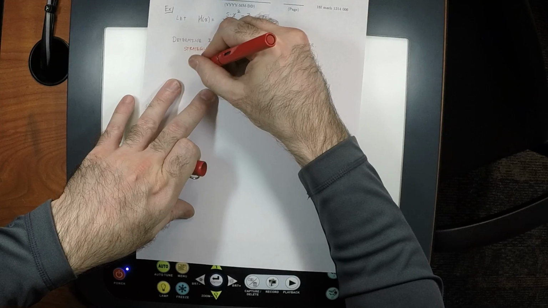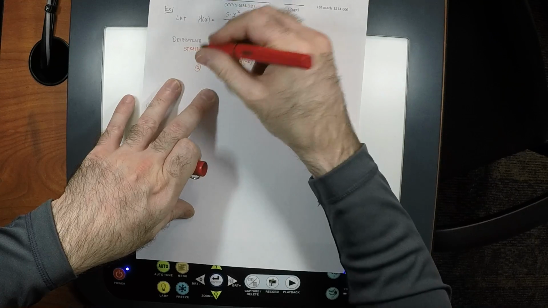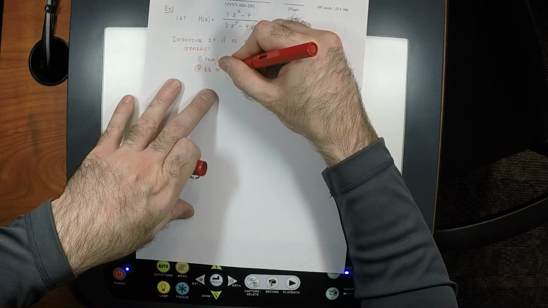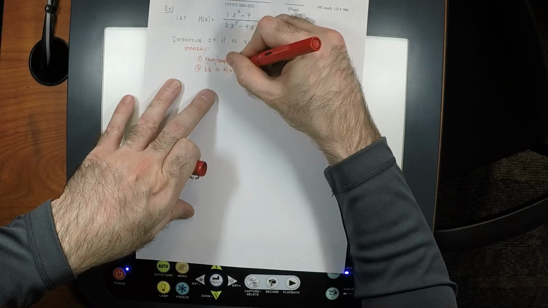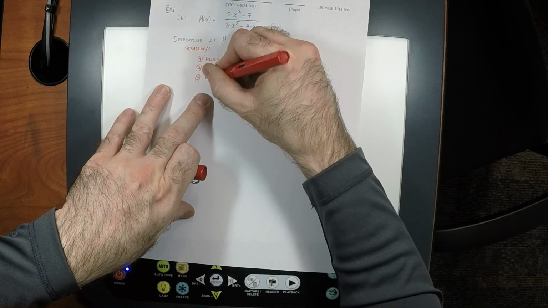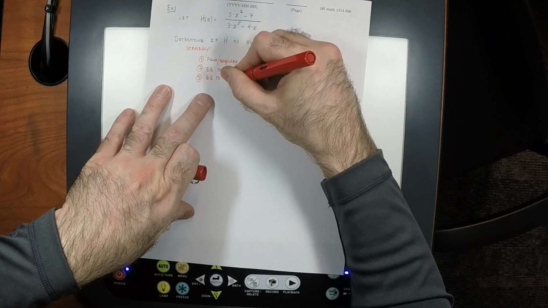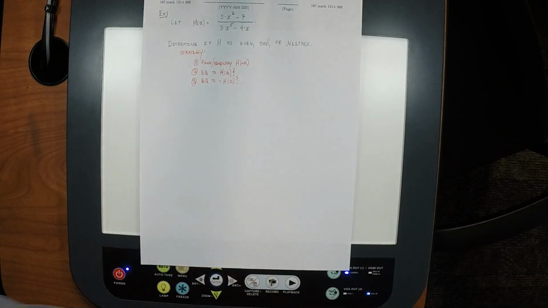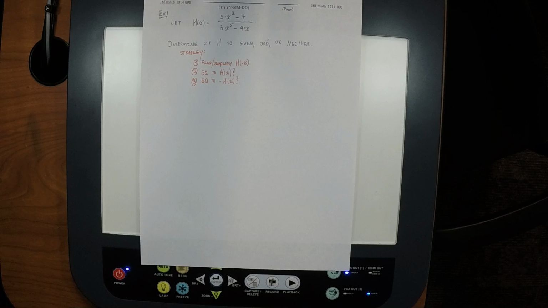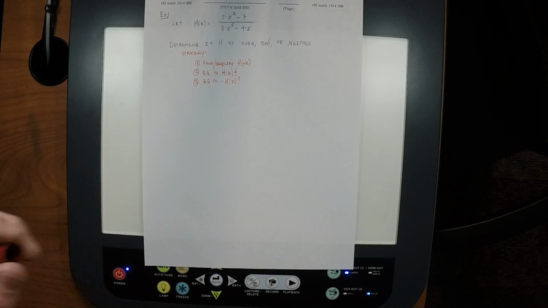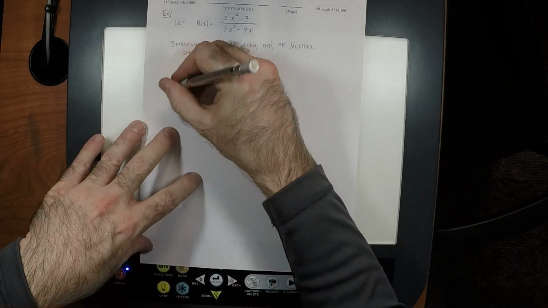And then once we've done that, we'll check: is it equal to just regular old h of x, or is it equal to negative h of x? If yes to the first question, then it's even. If yes to the second question, then it's odd. If no to both questions, then it's neither one of these.